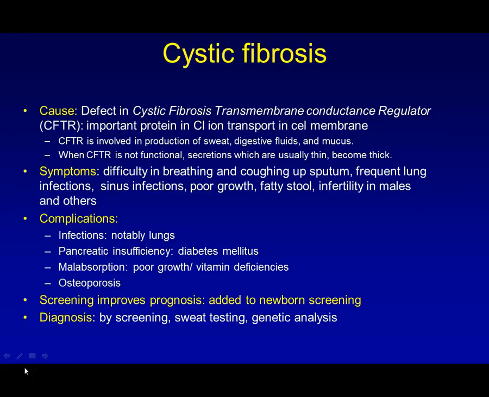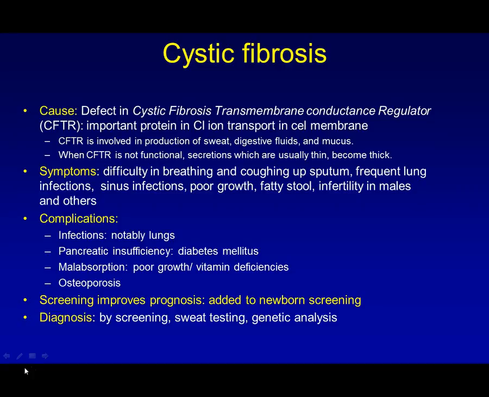The symptoms of cystic fibrosis patients are difficulty in breathing and coughing up sputum, frequent lung infections because of the thick mucus, sinus infections, poor growth, fatty stool, infertility in males and many others.